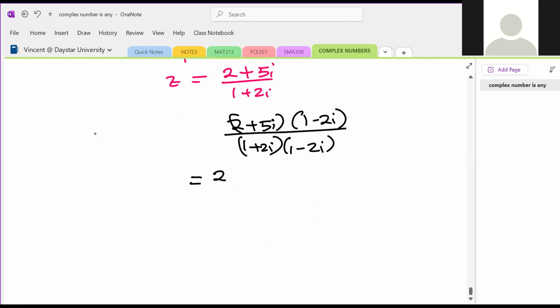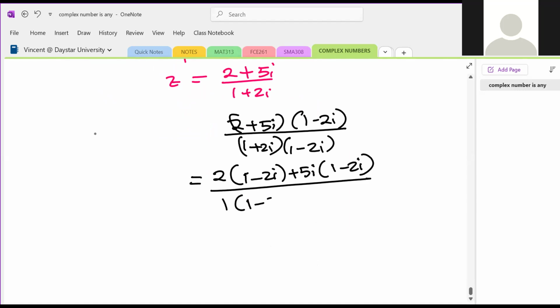So this will be 2 into 1 minus 2i plus 5i into 1 minus 2i, divided by 1 into 1 minus 2i, plus 2i into 1 minus 2i. So we'll have 2 minus 4i plus 5i minus, so minus i squared is the same as positive 1.